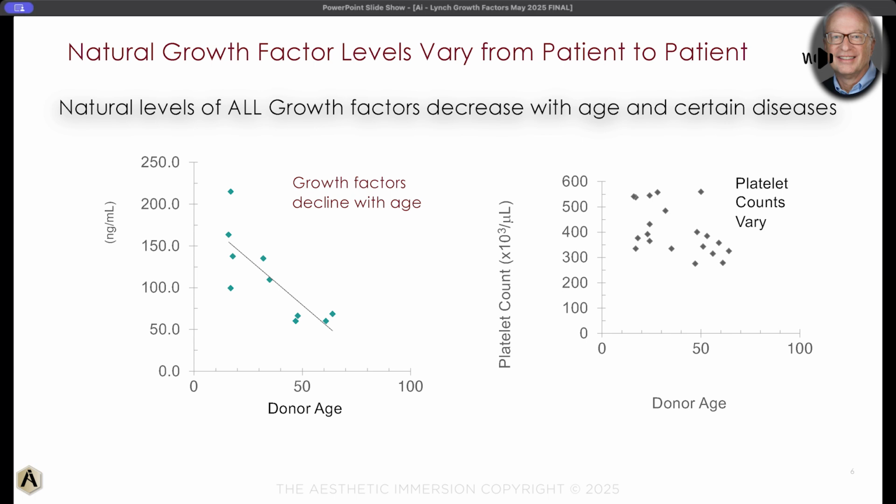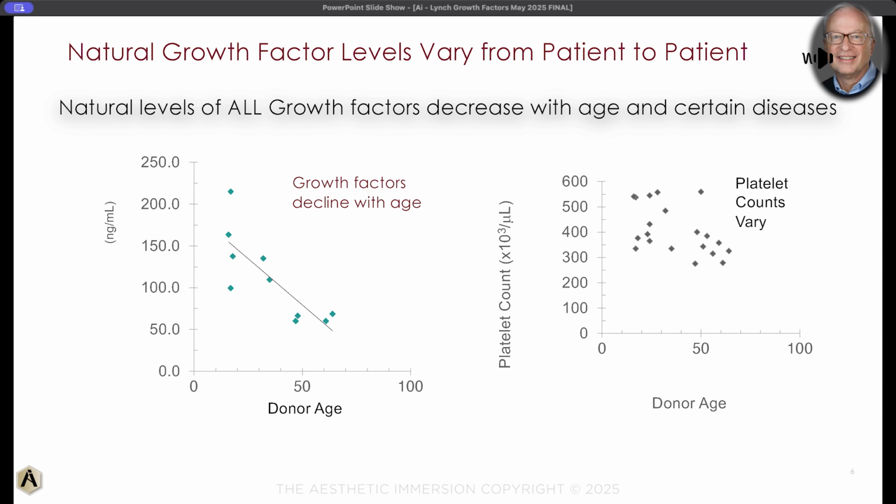One of the main reasons for that, and there are others, is a reduction in the level of growth factors with age. And we also know that even within our bodies, from day to day, we have varying platelet counts.